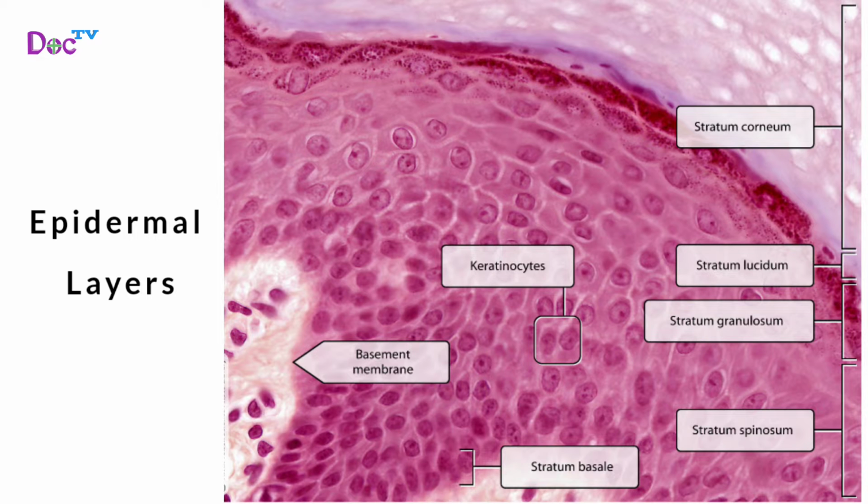The stratum corneum consists of 20 to 30 layers of flat, dead keratinocytes called corneocytes, which are filled with keratin and surrounded by glycolipid. It forms the skin's protective barrier, and its cells are periodically shed and replaced.